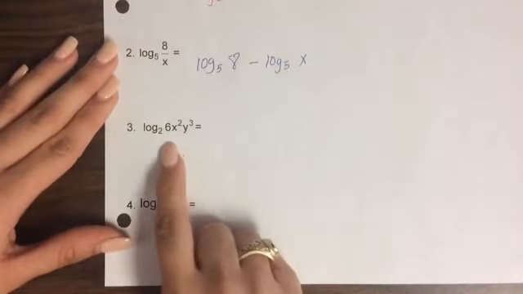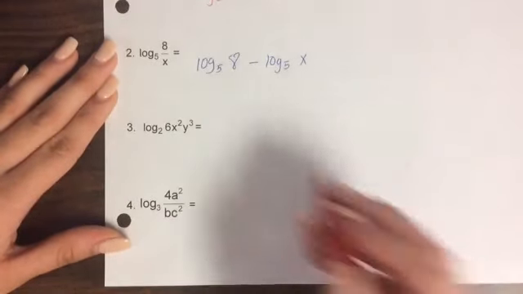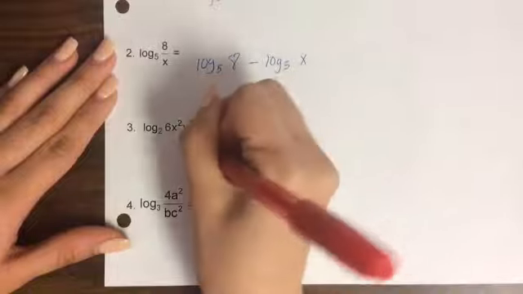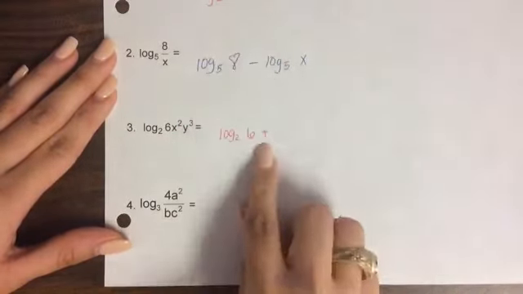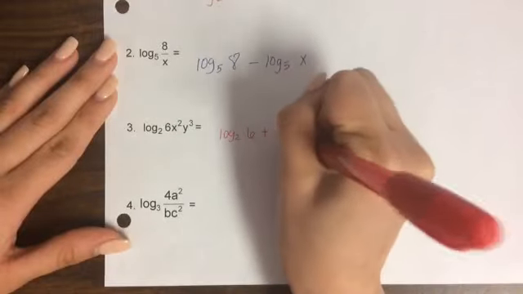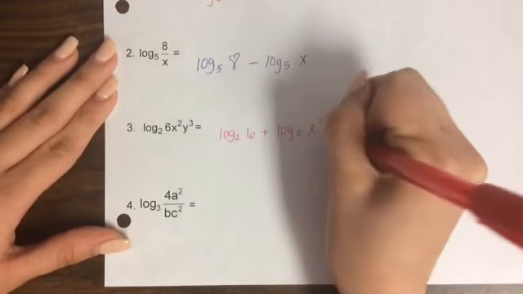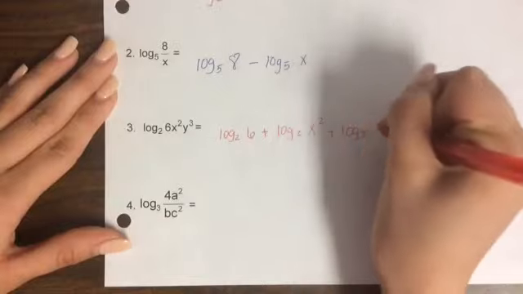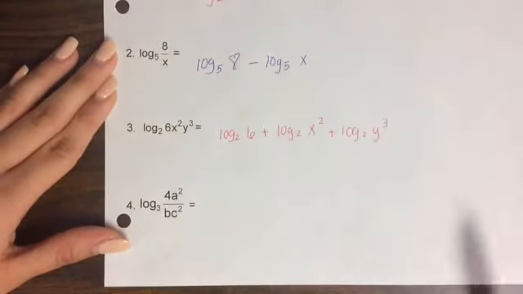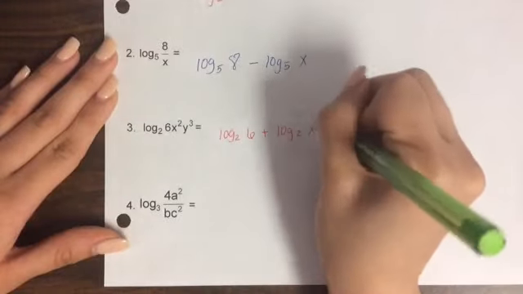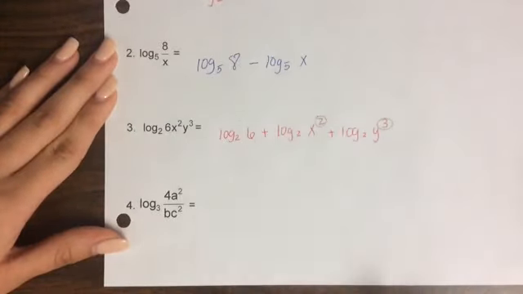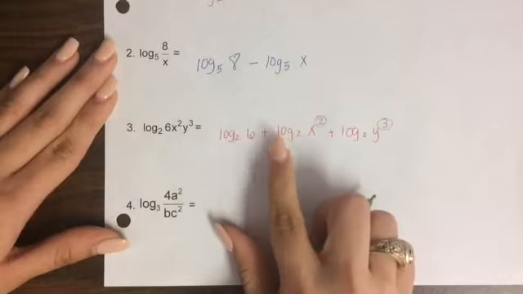Right now, we can see that they're being multiplied. So I could separate that first. I go ahead and separate that. I'm going to be adding. Then I know, hey, I have these exponents, and I want to move them in front of that log.